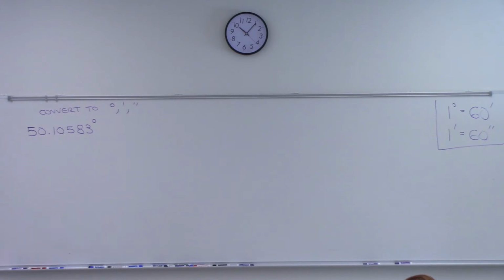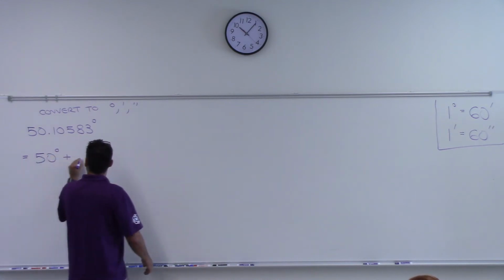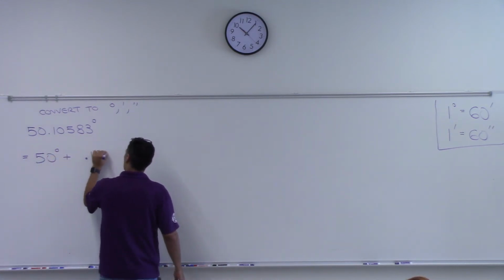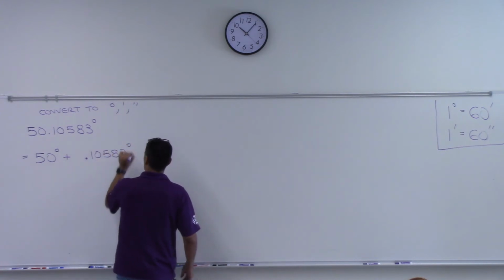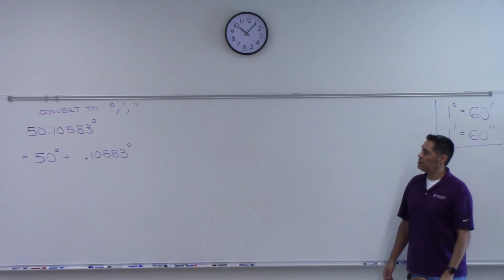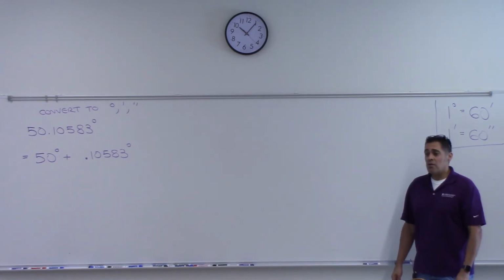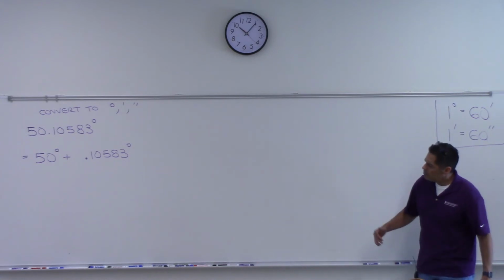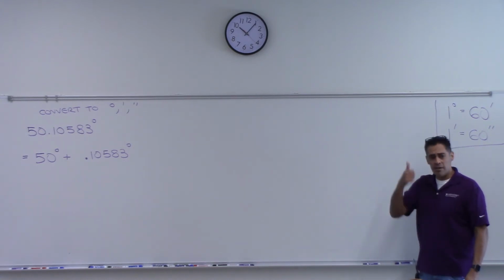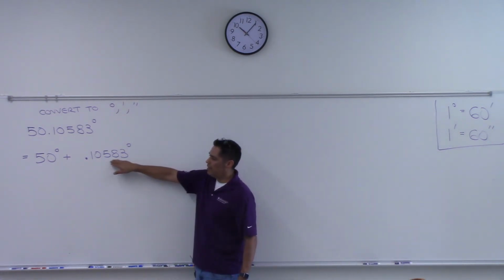This is a little weird, all right, what we do now. I'm going to write this is equal to 50 degrees plus 0.10583 degrees. Anybody disagree with that? 50.10583 degrees is equal to 50 degrees plus 0.10583 degrees. Yes?